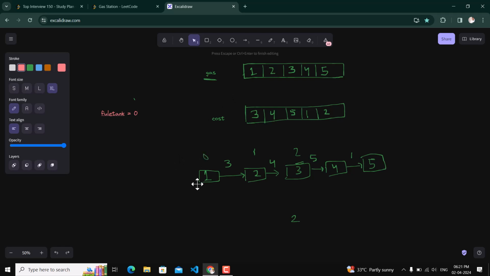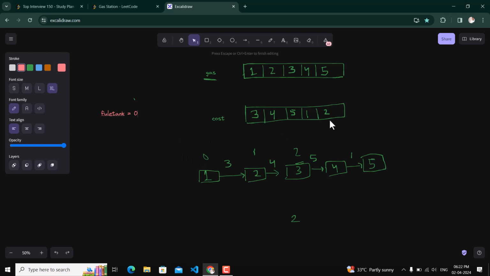If we are starting from any particular gas station index, first we will use that gas to fuel our tank, and then we will check if the current fuel tank capacity is greater than or equal to the required fuel to traverse from point i to point i plus 1. If the fuel in the tank is not greater than or equal to the cost, then we will not be able to travel from i to i plus 1.